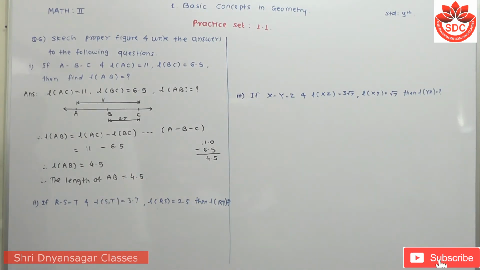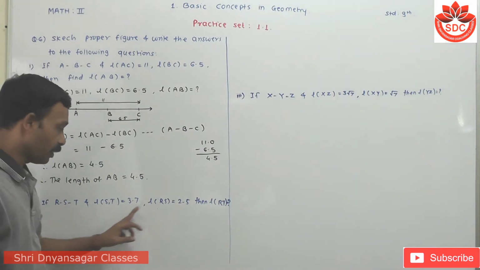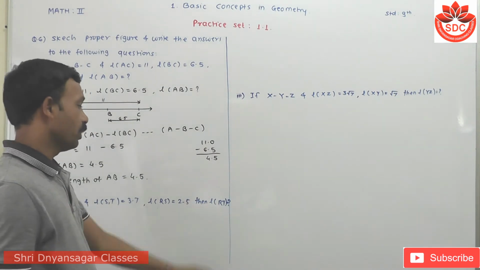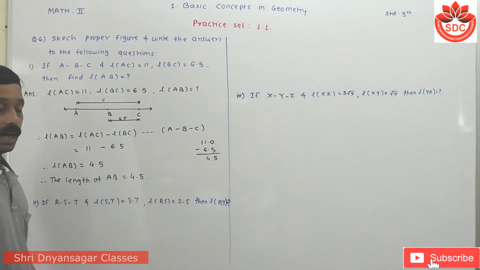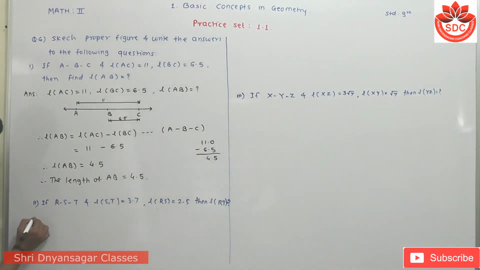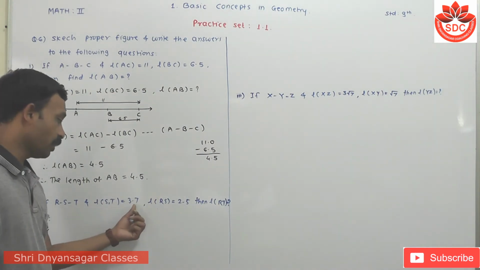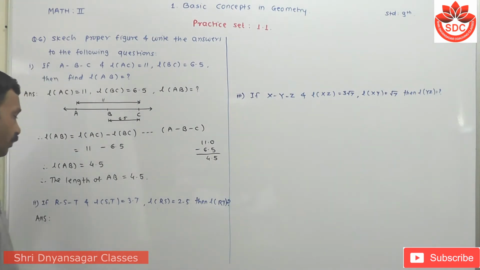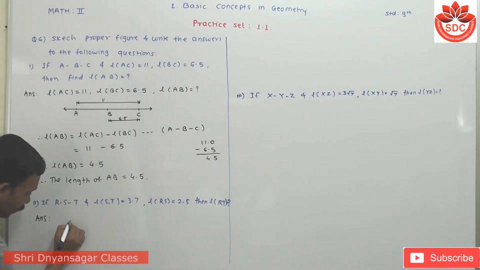Then the second one is, if S is in between R and T, length of ST is 3.7, length of RS is 2.5, then we have to find out length of RT. For this, I have to take this answer. Here it is given that this length is 3.7 and this one is 2.5. I have to draw its sketch directly.